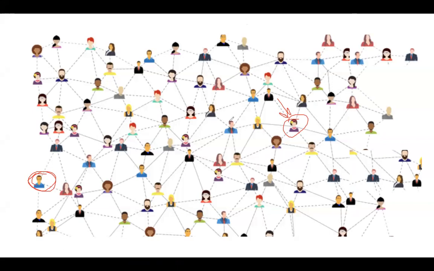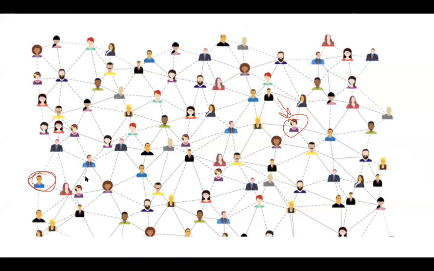And then we might also want to know the shortest path to get there. I probably don't want to talk to this person to introduce me to this person, to introduce me to this person, and then wind all the way down here. I'm going to be talking to a lot of people. I would like to be introduced in a pretty straight line to this person. So I still want to find the shortest path in that example.